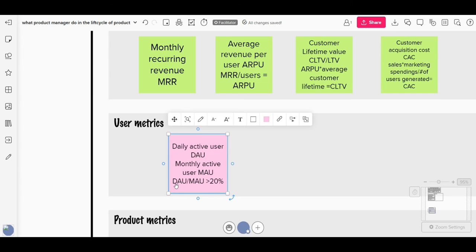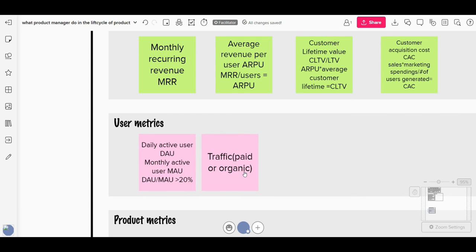These metrics allow us to track the growth or decline of a product. And this DAU divided by MAU ratio can be used in forecasting, budgeting, or making a decision to develop new features.